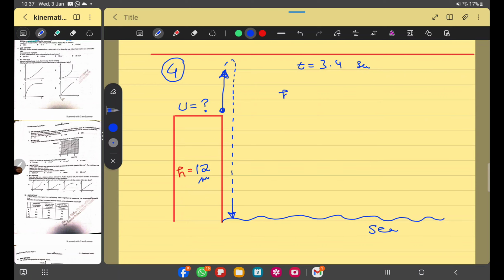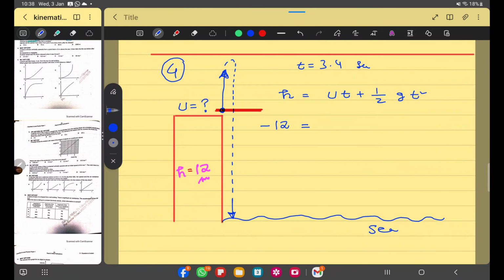Height is 12 meter. So if I use h equals ut plus half gt square, and we are dealing simultaneously with upward and downward motion. So remember, if you are dealing with upward and downward motion simultaneously, and if you are given a height below the launching point, then this height is considered negative.